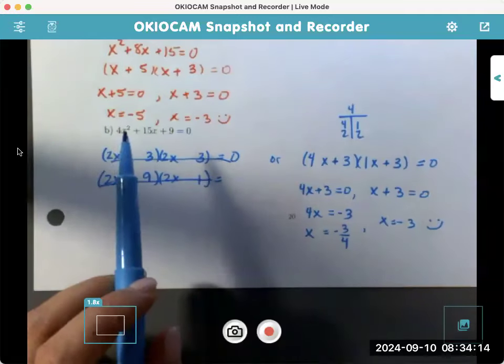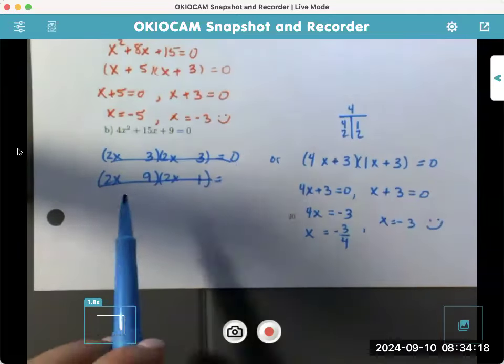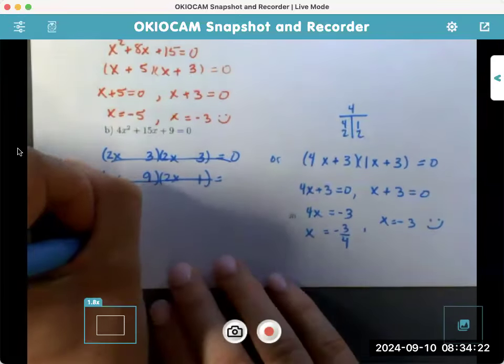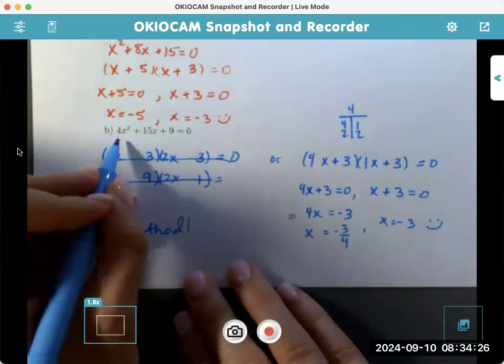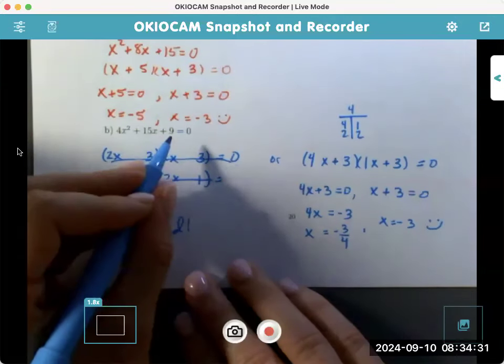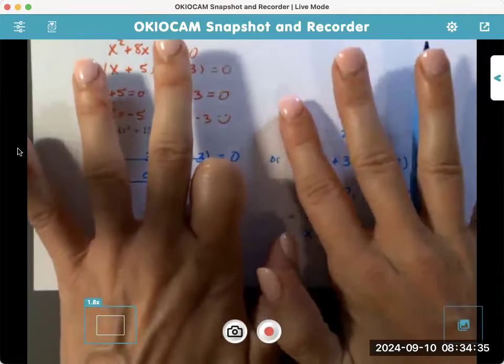We can also do the AC method using this as well. There's also something called the AC method of factoring, which means you take A and C, you multiply. So 4 times 9, if you're not familiar with the 9 trick, right? You put your fourth finger down, that's 36.